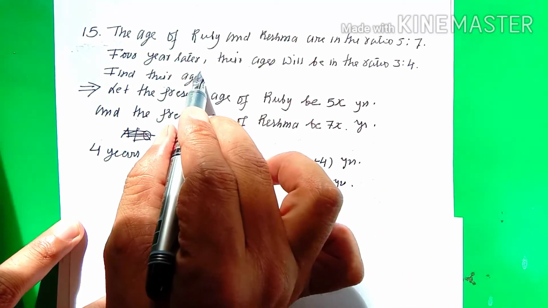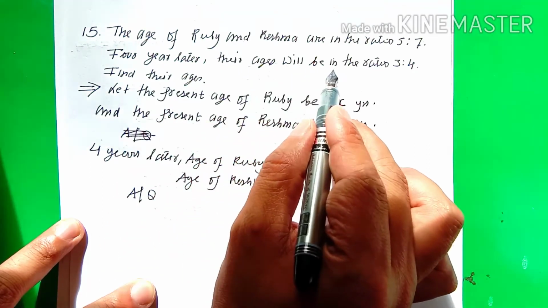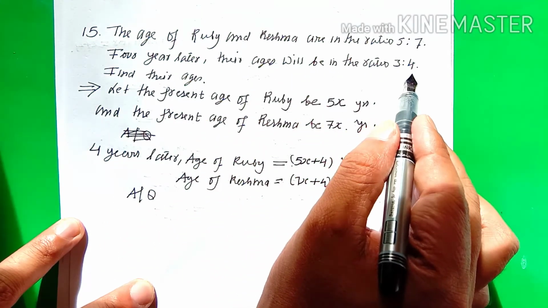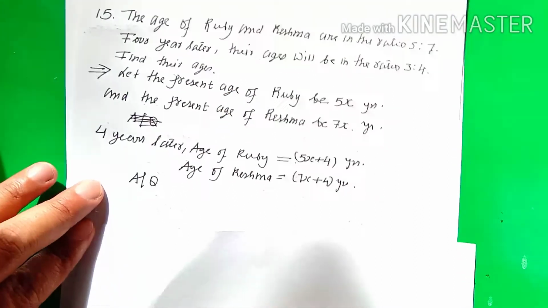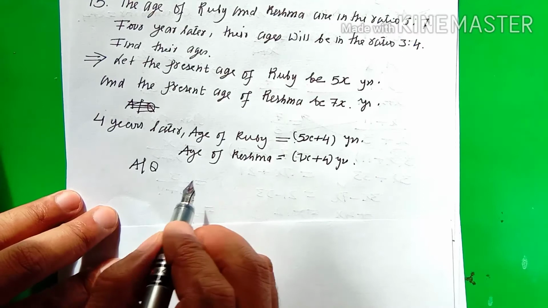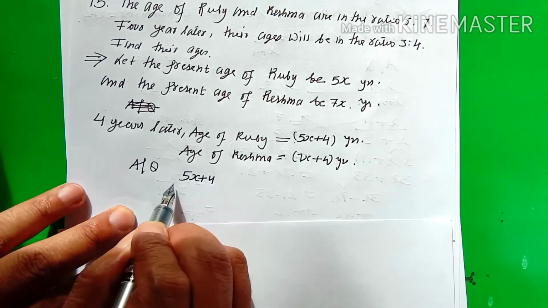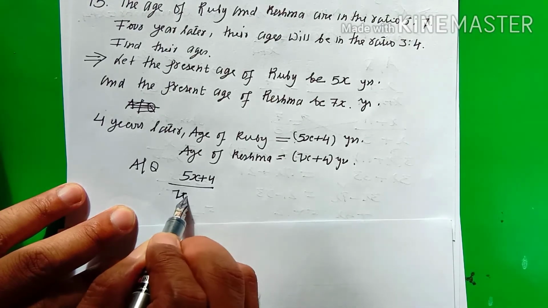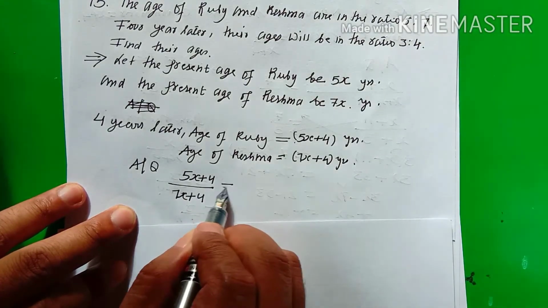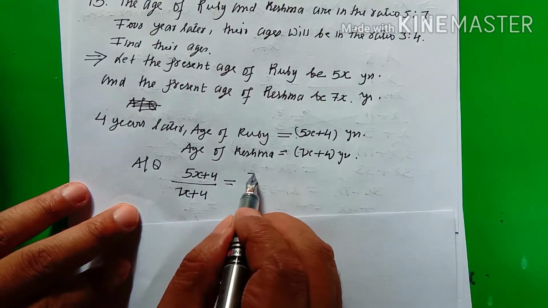So 4 years later, their ages will be in the ratio 3:4. As per the condition, the ratio of these two ages, the age of Ruby upon the age of Reshma, equals 3:4, which means 3 divided by 4.